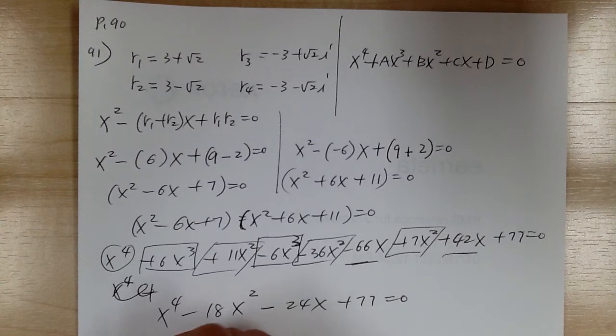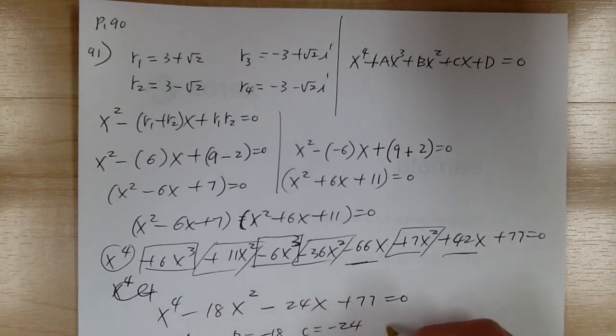So from here you can see that a equal to 0, a is for the cube term, b equal to negative 18, c equal to negative 24, d equal to 77. So a plus b plus c plus d, you add all this together, gives you 35.